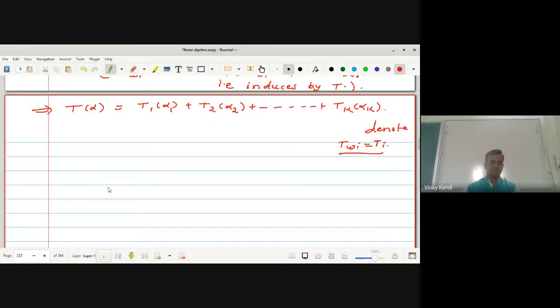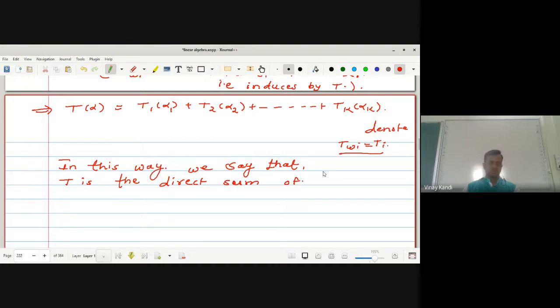Okay, so in this way we say that T is the direct sum of the operators T1, T2, and up to so on Tk. Okay, any doubt up to here?